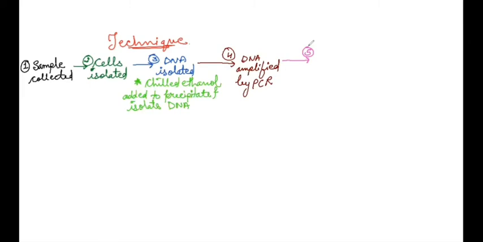In this step number 5, restriction enzymes are used for the digestion of this DNA. Restriction enzymes, like restriction endonuclease enzyme, will cut the DNA at specific sites. For example, HindIII, EcoRI, different restriction enzymes or restriction endonuclease enzymes are there, which are known as molecular scissors.